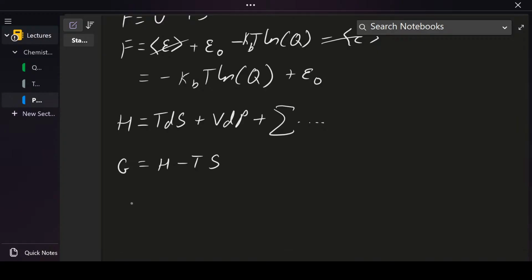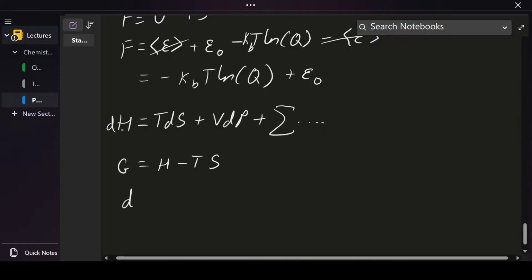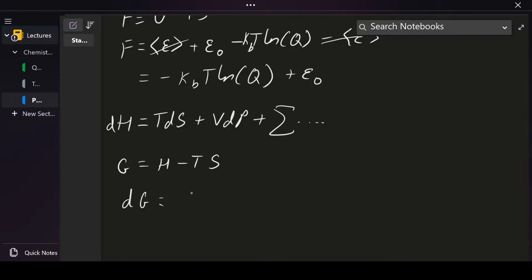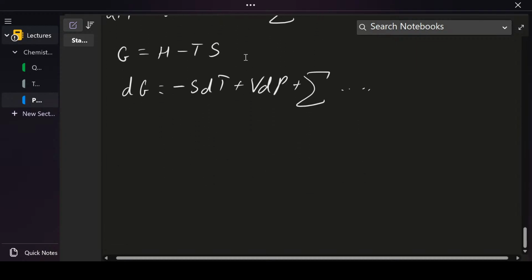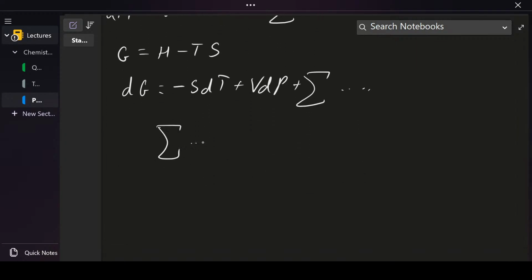And so expanding out, dG is going to give me, I'm not going to work through it, but it's going to give me negative S dT plus V dP plus the sum. So if I care about the sum, this is equal to dG when I keep my system at constant temperature and pressure, which are often the conditions I'm going to be using for chemical reactions.